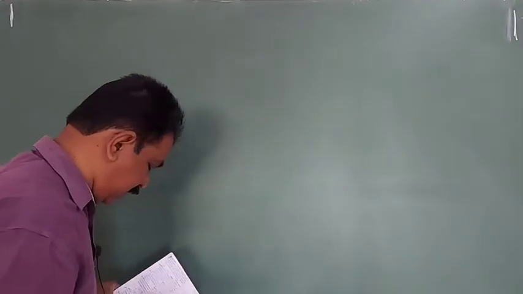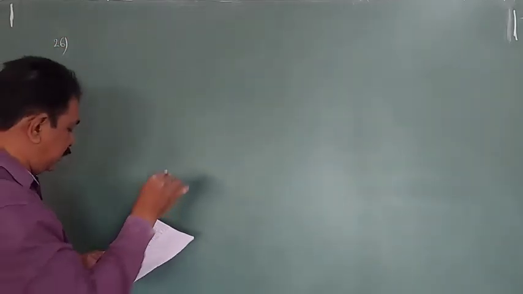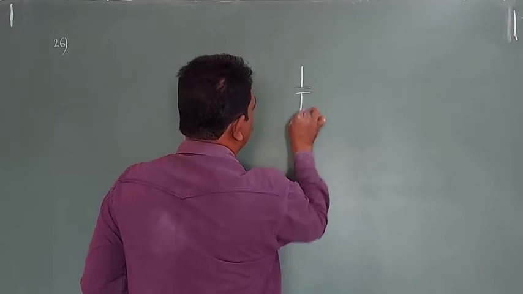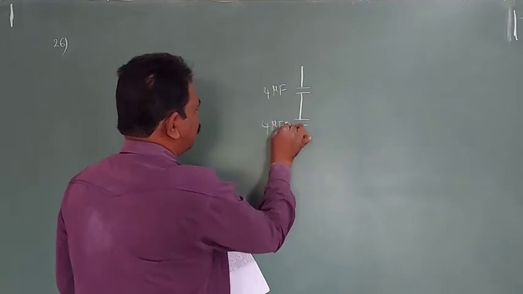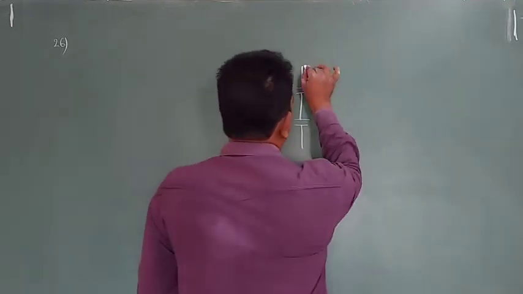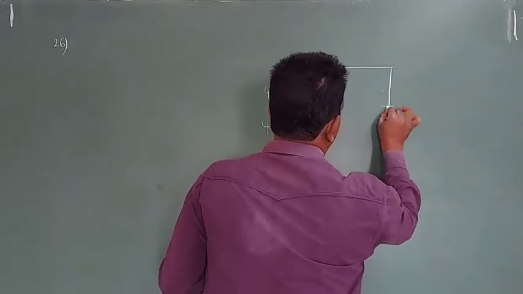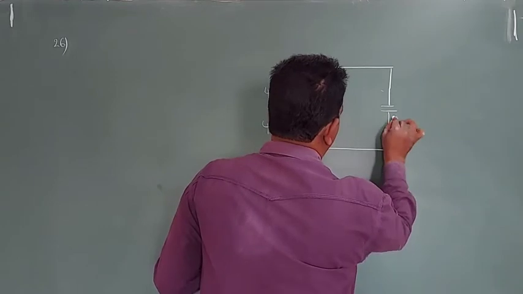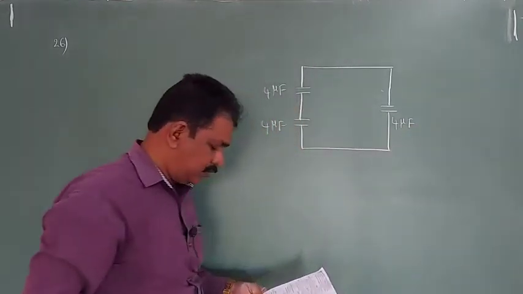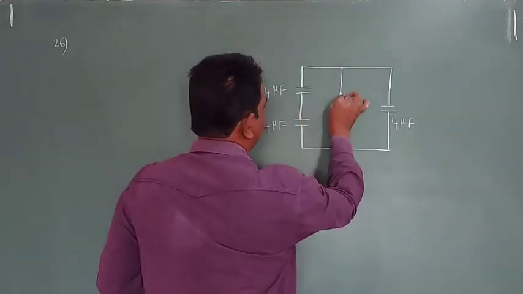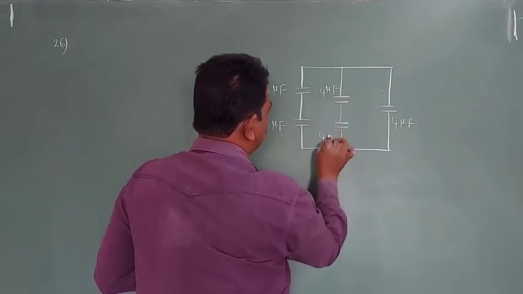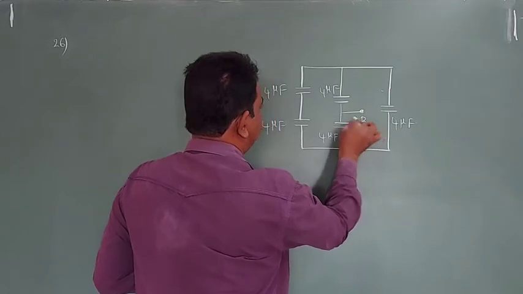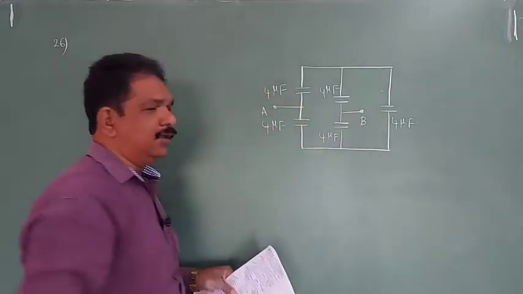What they are asking is, here 4 microfarad and 4 microfarad, here 4 microfarad, and here 4 microfarad and 4 microfarad, and here point B is there, here point A is there.